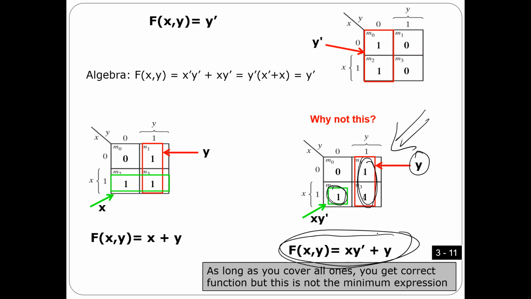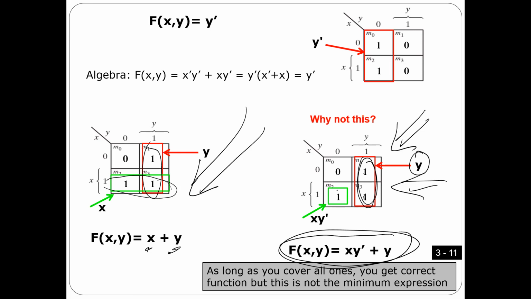Okay. This is a correct function because you took all ones, you covered all ones, but this is not the most simplified one. The most simplified one can be this way. I can make a group of 2 here, and then I can make another group of 2. In this case, again, I have 2 groups, 2 terms. Here, same thing, 2 groups, 2 terms.